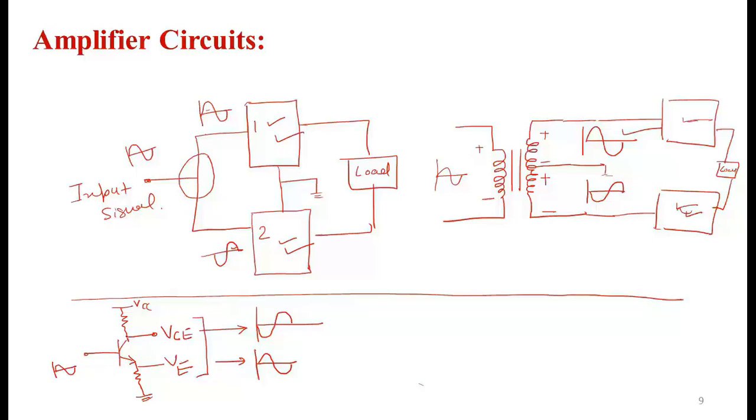When we take from the collector of the transistor, it is in reverse polarity, and we can take the output from the emitter point. From this point, it has the same polarity as the input signal. By this means also, these two are called the push-pull signals. By this way also, we can obtain reverse polarity signals using one input signal.